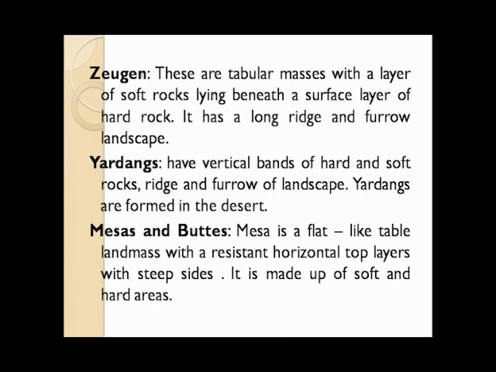Another feature here is a yardang. Yardangs have vertical bands of hard and soft rocks. Remember, in the other case where we talked about zeugen, we are looking at horizontal. We said they are rather tabular masses with layers of soft rock lying beneath a surface of hard rock.